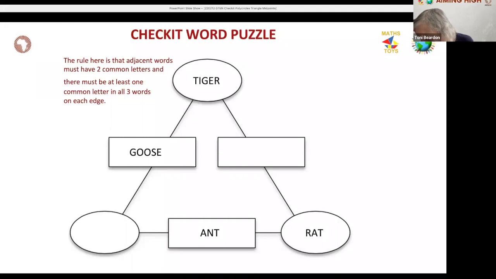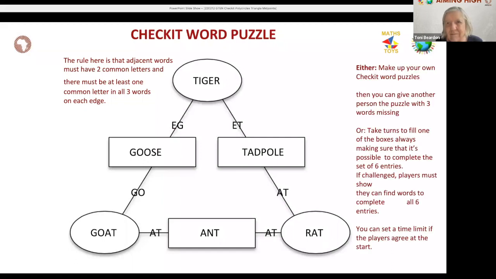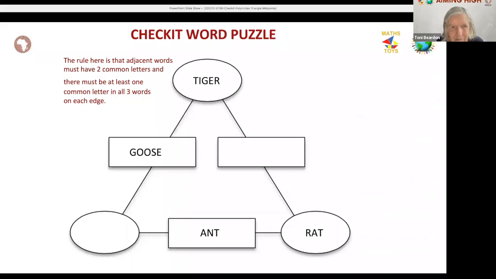The rule here is that the adjacent words must have 2 common letters, and there must be at least 1 common letter in all 3 words on each edge. In this case, you can see for the tiger at the vertex and goat, the word in the middle here is goose.